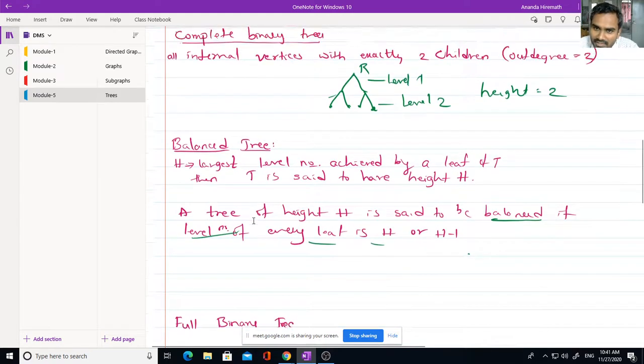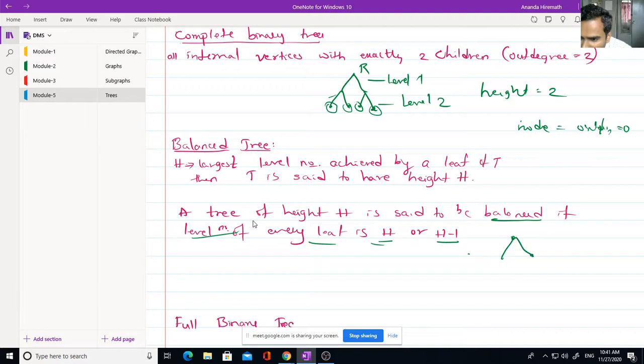Now a leaf is nothing but these vertices whose outer degree is equal to 0. So a node with outer degree equal to 0 is called a leaf. Now every leaf must be at level h or h minus 1. Then we say such a tree is a balanced tree.